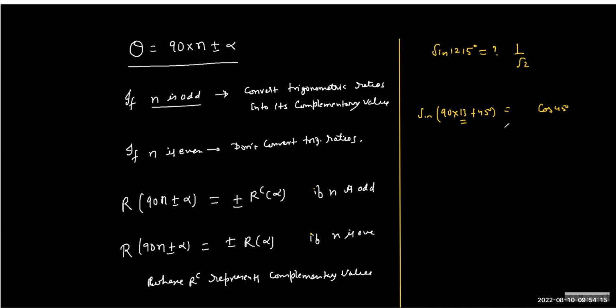And then I will check for the quadrant. One rotation is 4 times 90, so 4, 8, 12, and 13 is here, and then something. So which quadrant do we land in? Second quadrant, and in the second quadrant we know sine is positive. So that's a positive answer.